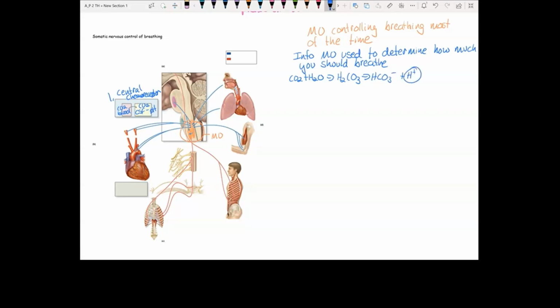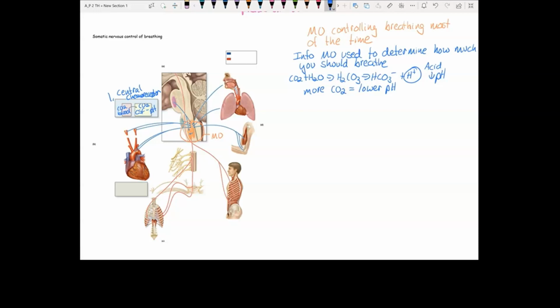And because we have a hydrogen ion, we have acid. And acid lowers your pH. So the relationship between carbon dioxide and pH is that the more carbon dioxide you have, the lower your pH. Okay, that's going to be very important.